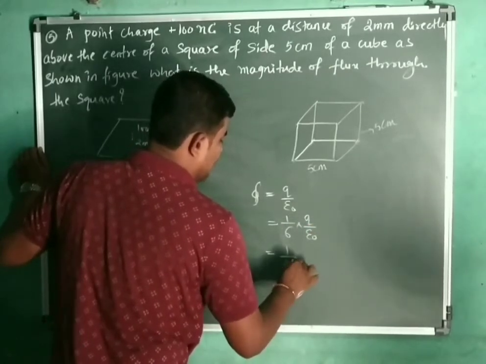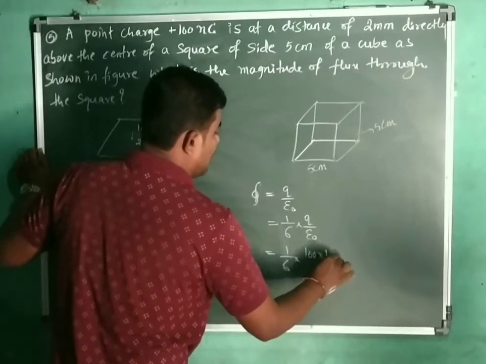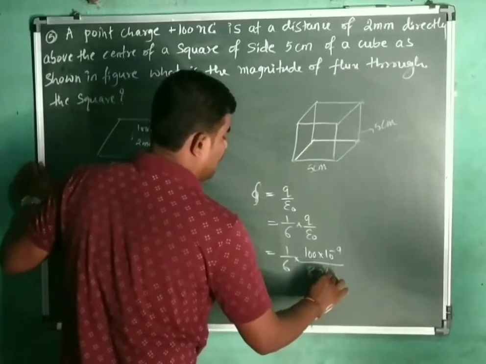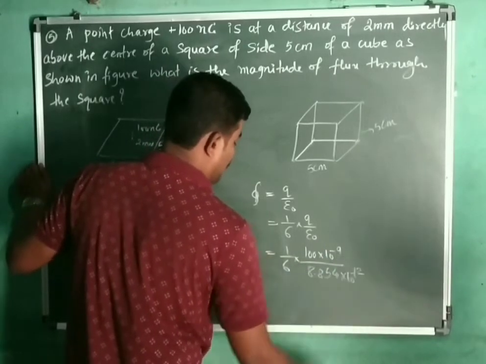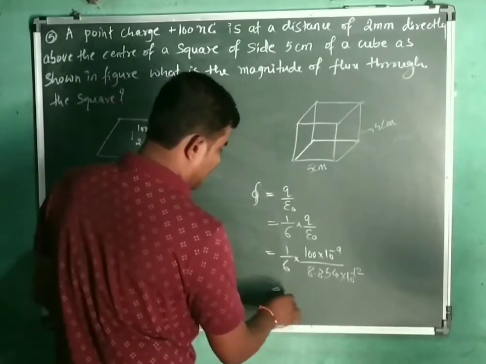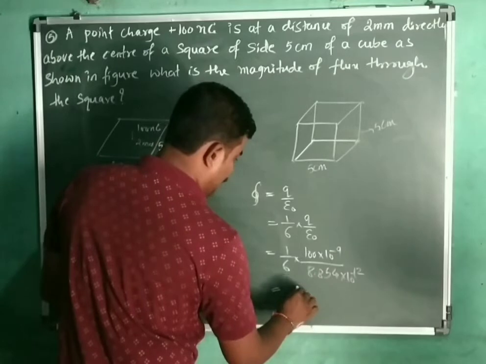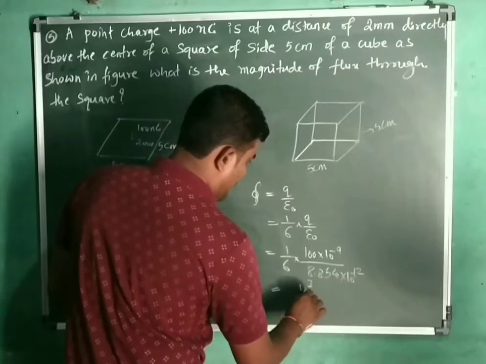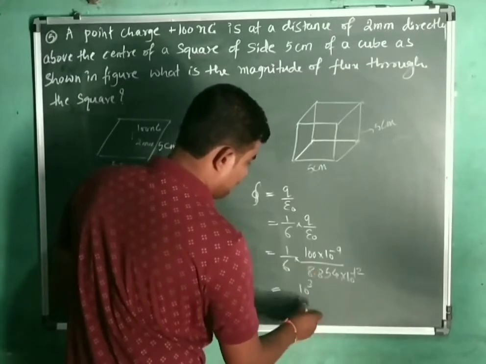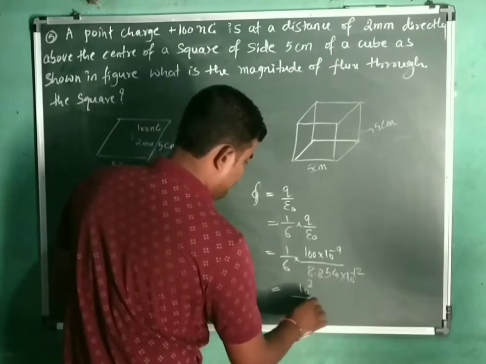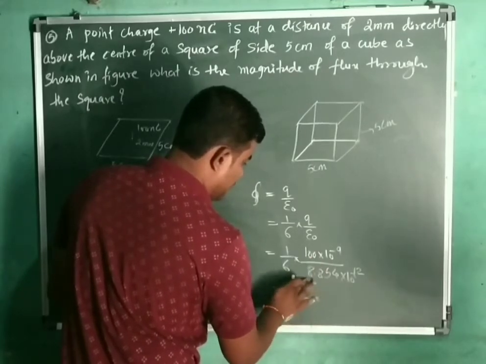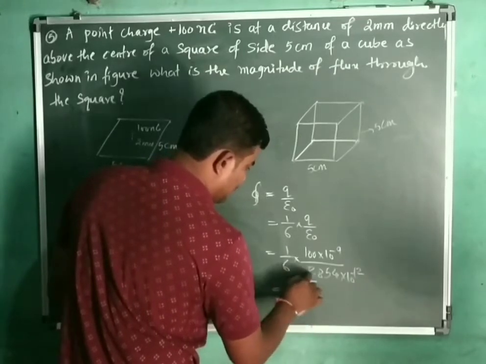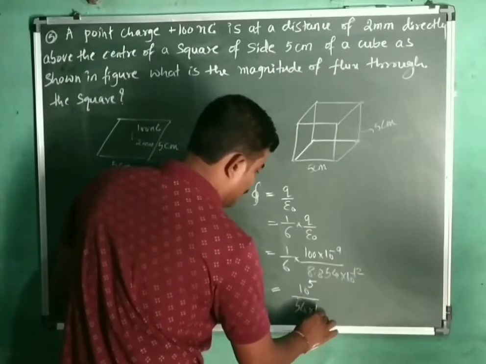So 1 divided by 6, Q is how much? 100 nanocoulomb is there, therefore it is 100 into 10 to the power minus 9, and epsilon naught value is 8.854 into 10 to the power minus 12.